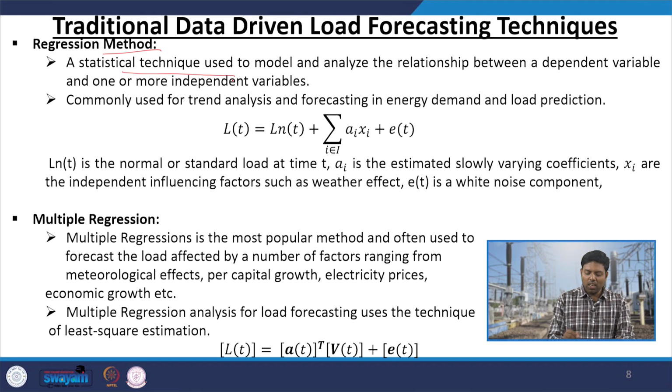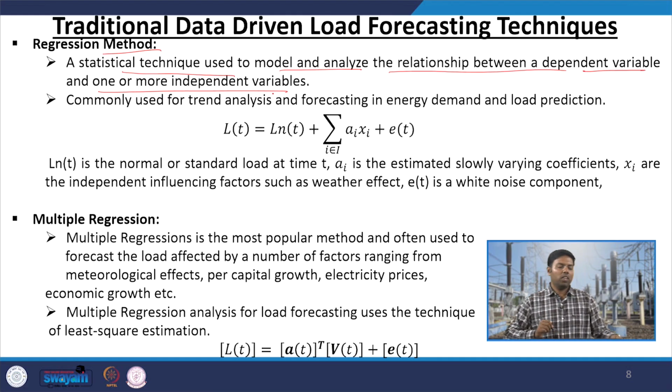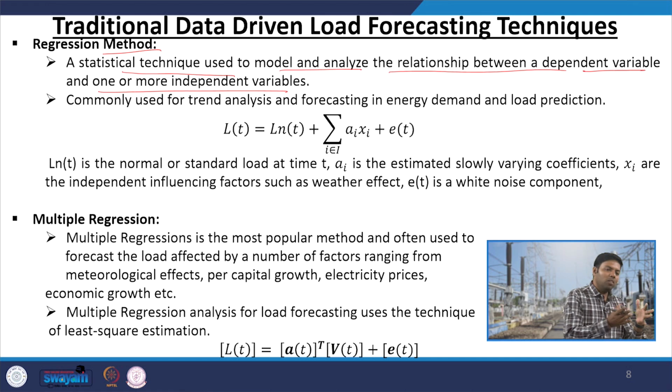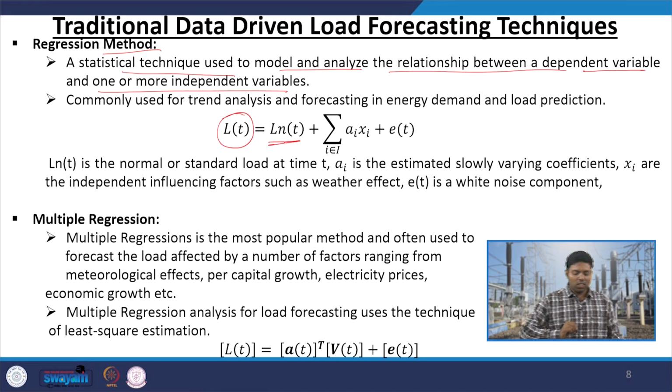It is a statistical technique used to model and analyze the relationship between the dependent variable and one or more independent variables. Your dependent variable is your load, your independent variable is whatever data you have collected, that is your weather data and other data. So, your actual load depends upon your previous load or standard load. That means you have some idea that if it is a weekend or a festival, the load should be higher.